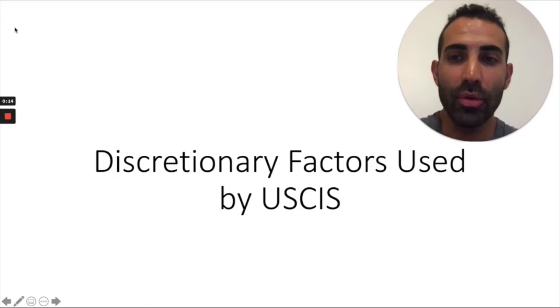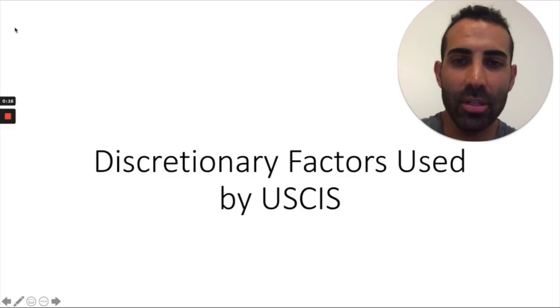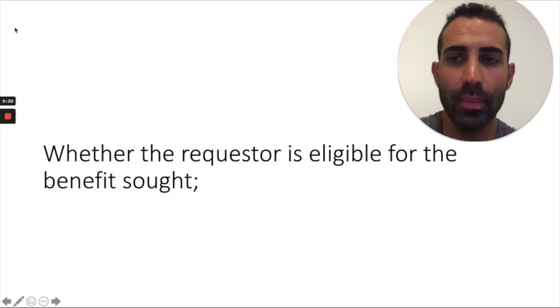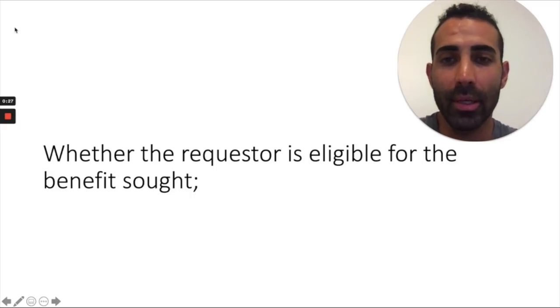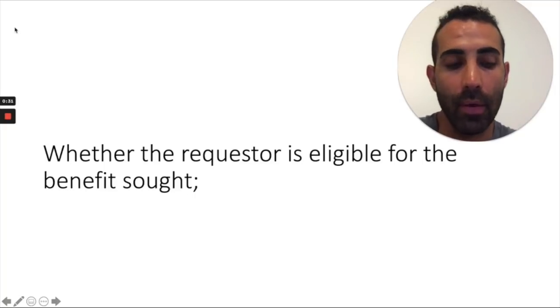Okay, so let's go through some of these discretionary factors used by USCIS. The first one is pretty straightforward: whether the requester is eligible for the benefit sought. That's just making sure that the person is eligible for the immigration benefit that they're applying for.